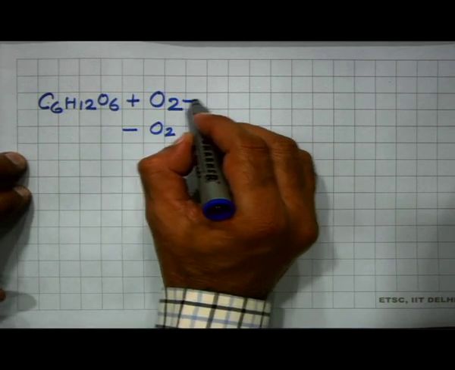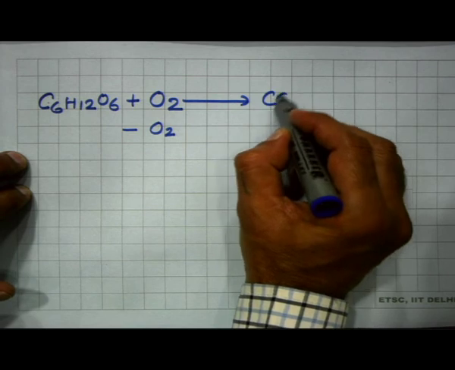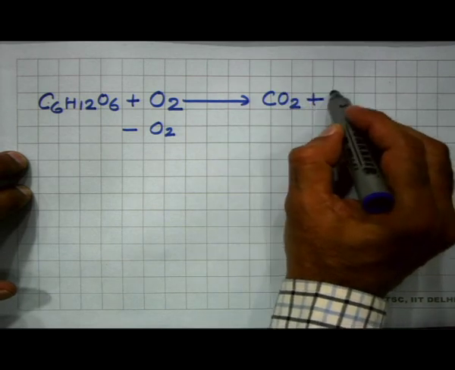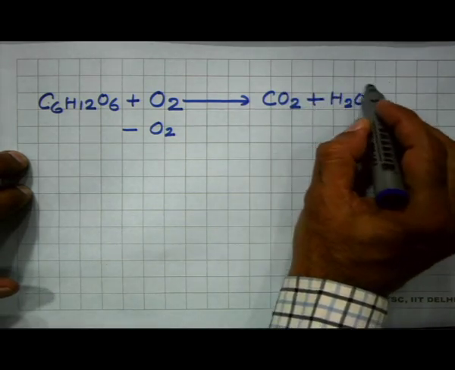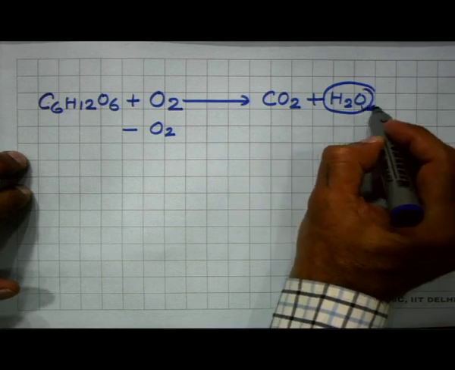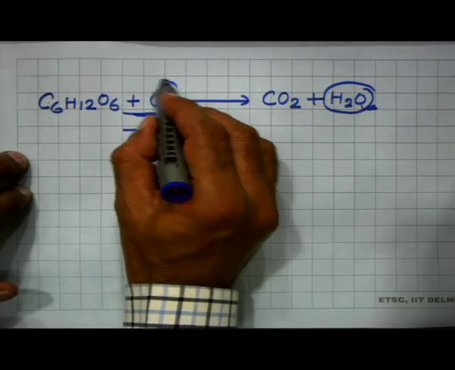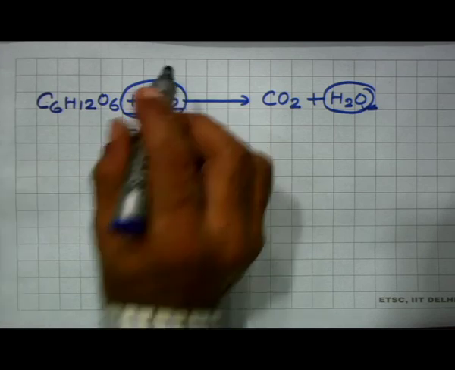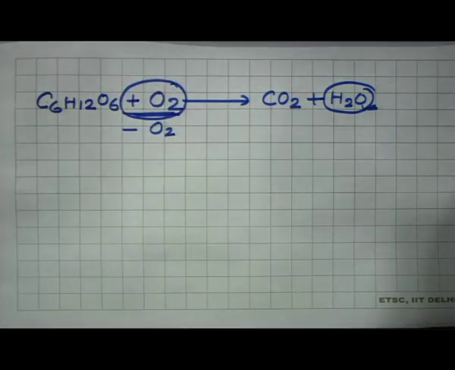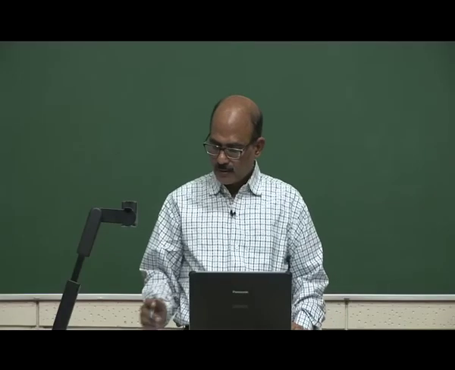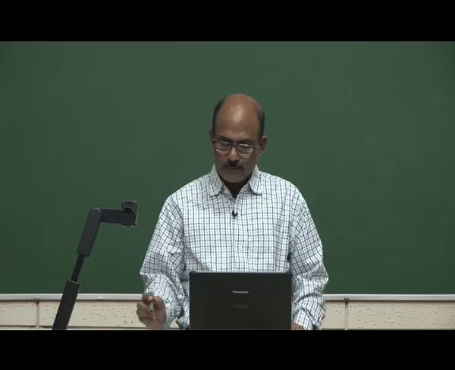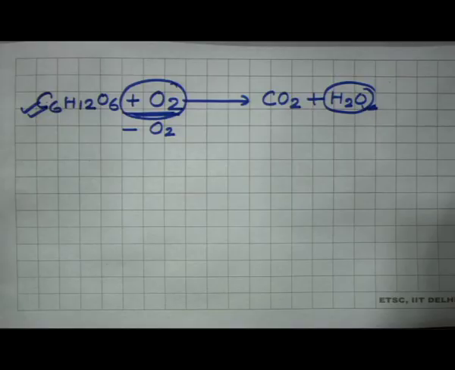When it combines with oxygen, the result is carbon dioxide and water. This water is the ultimate product when oxygen is present. So, which type of respiration results in the formation of water? From this reaction you can easily answer it.